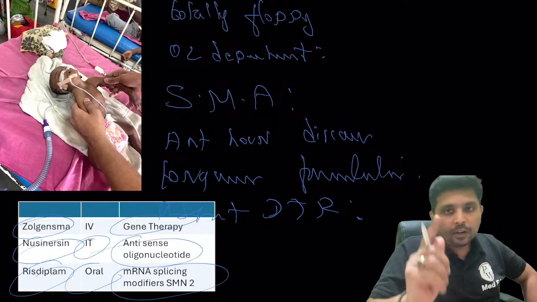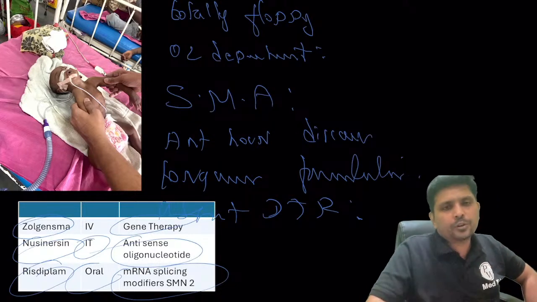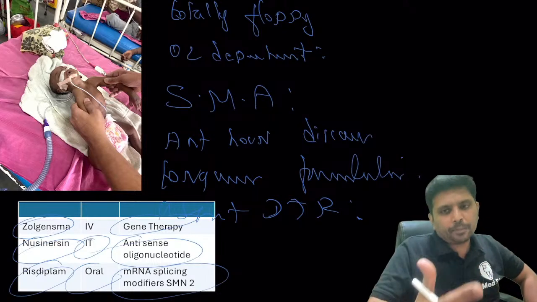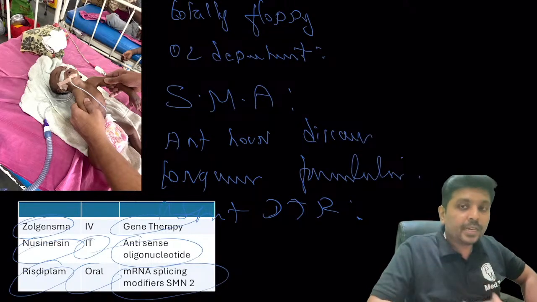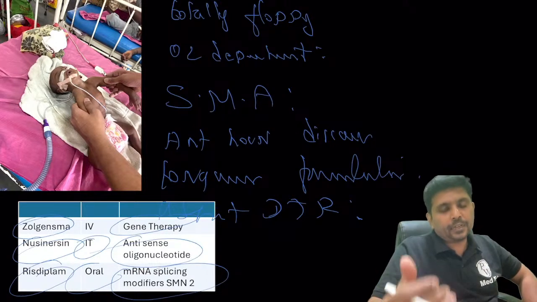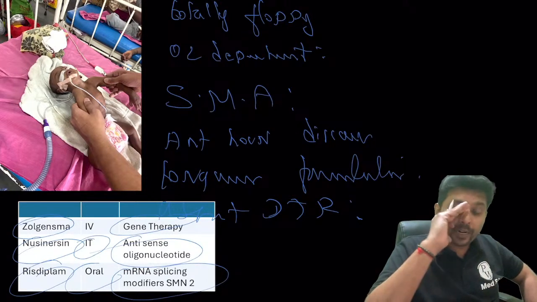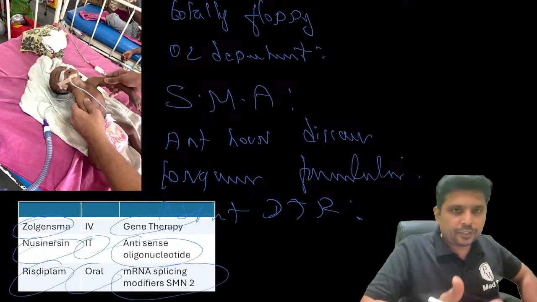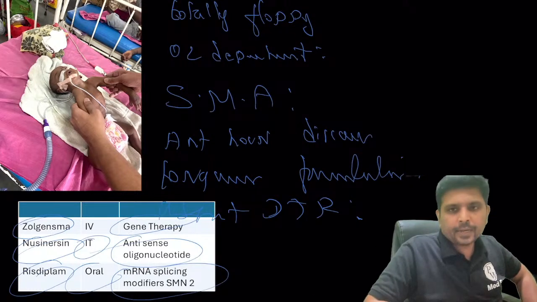Very important: floppy infant is a sure question for you. For your level, it is spinal muscular atrophy unless otherwise proved. It is the pediatric counterpart of amyotrophic lateral sclerosis. Amyotrophic lateral sclerosis or motor neuron disease is acquired, but this is congenital. Okay, right.